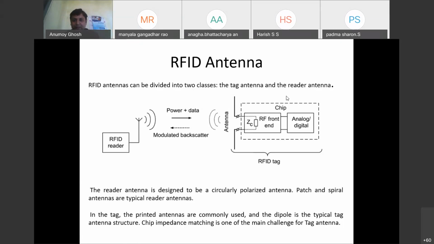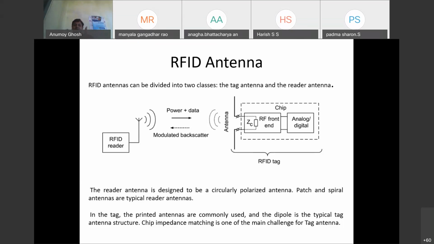So now I will be talking about some RFID antenna design. I have told you before also, but again, the RFID reader antenna should be circular polarized. Why? Suppose the RFID tag antenna is making a 30-degree angle with respect to the RFID reader.